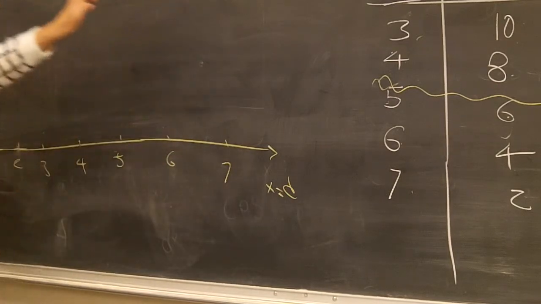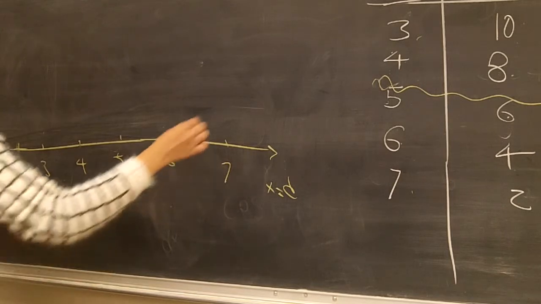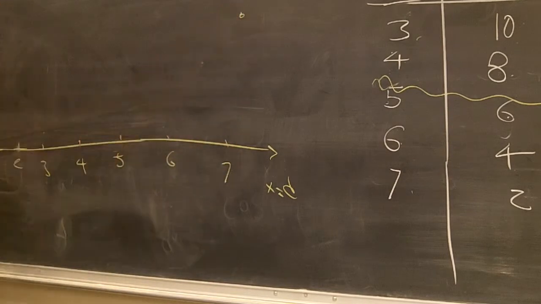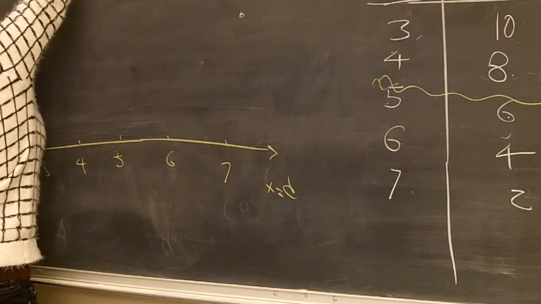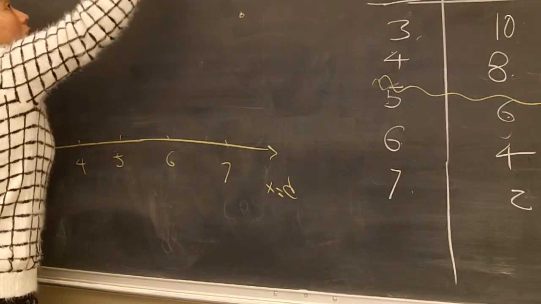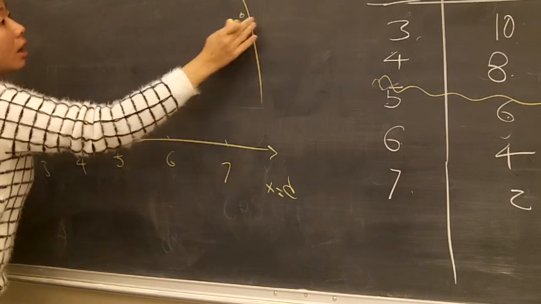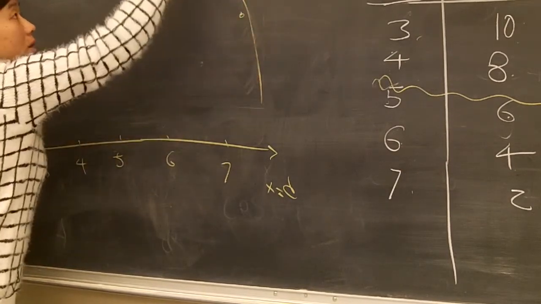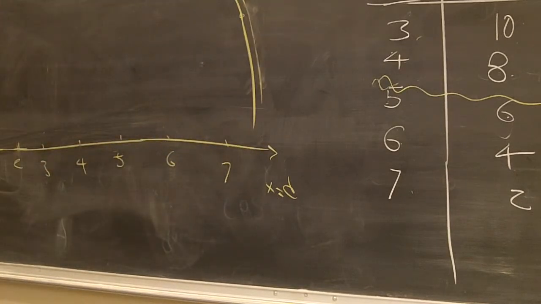Okay. And 7 is 14. Are we missing a number? Right. And then you can see the graph looks kind of like this, right, when you're connecting the points together. Okay, and here's our graph.